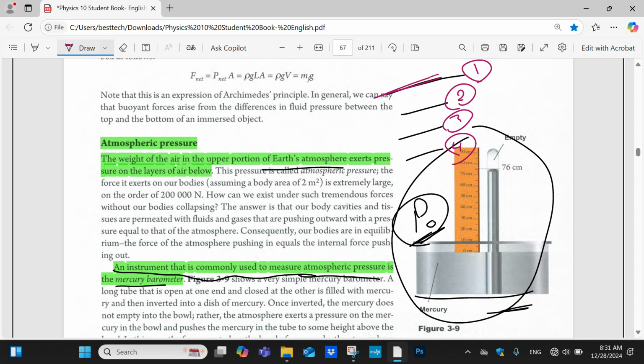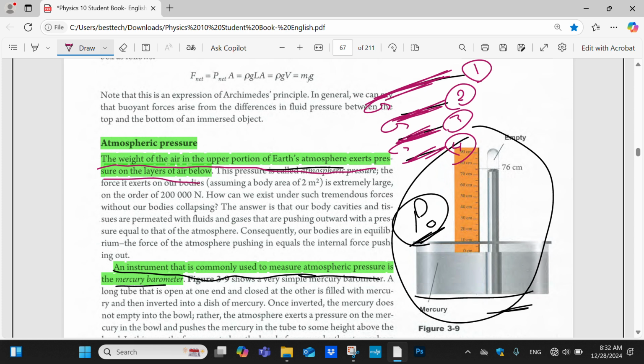One by one, each layer makes a pressure on the upcoming layer, because the first layer has a pressure, the second layer has another pressure, the third layer has another pressure. So here it's written that the weight of the air in the upper portion of the atmosphere exerts pressure on the layer of air below.